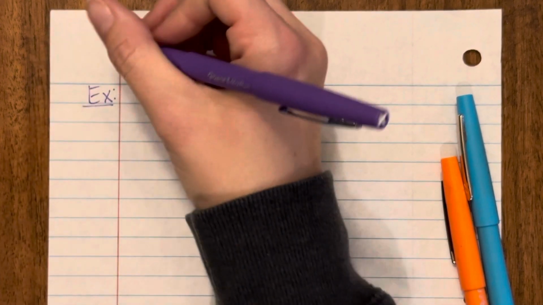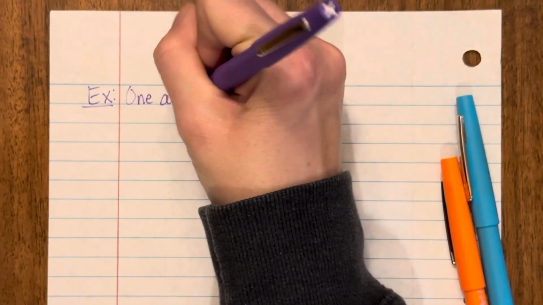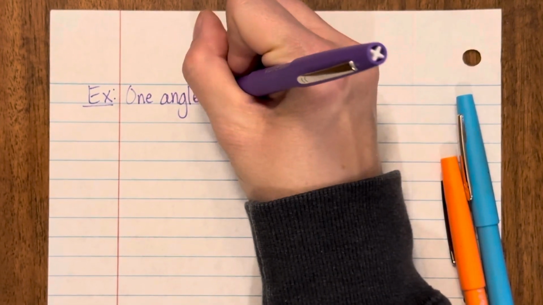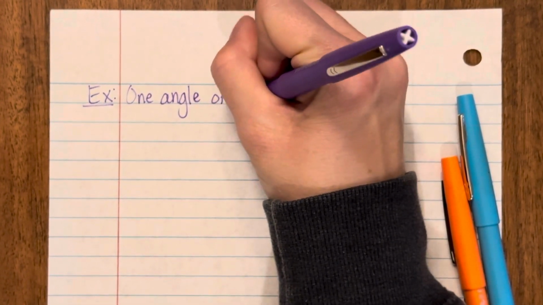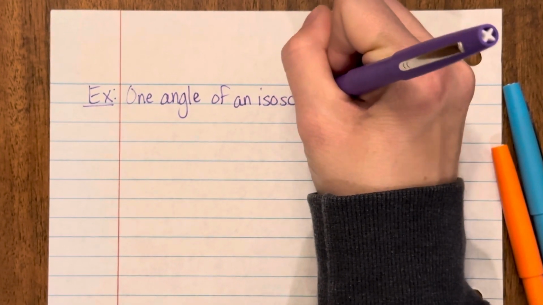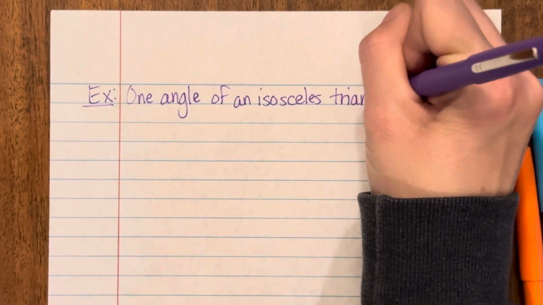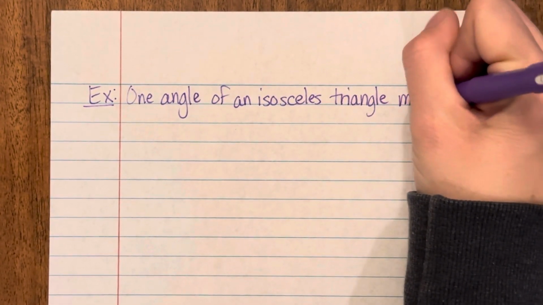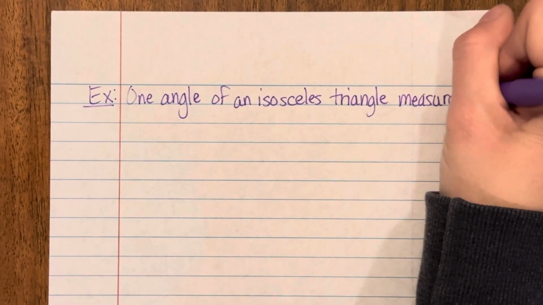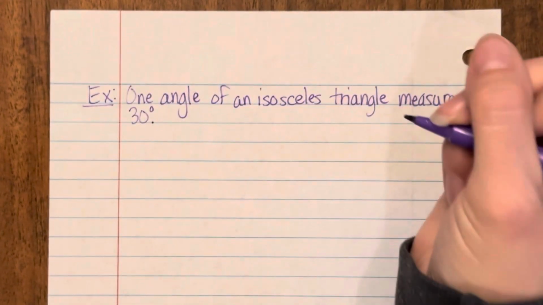Okay, so it's going to say something like one angle of an isosceles triangle measures 30 degrees.